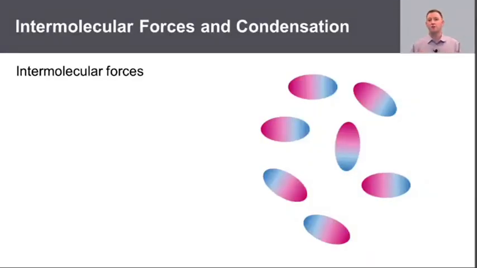Recall that the particles in matter experience intermolecular forces, attractive or repulsive forces due to molecular dipoles or uneven electronic distribution. Take a look at the picture on your screen. Let's say that the blue parts of the molecules represent a negative dipole or a negative partial charge, and the pink parts represent a partial positive charge.